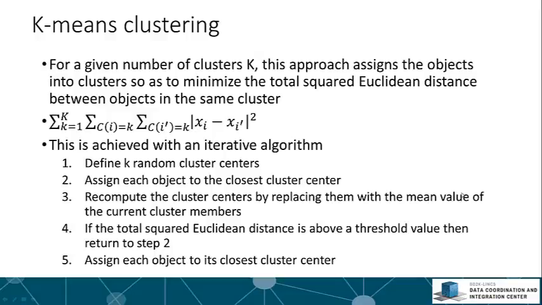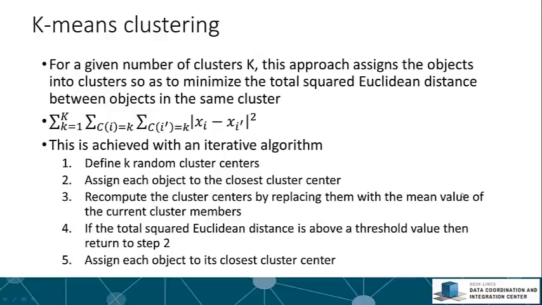And if this falls below a particular threshold, then we stop. Or if it is larger than a particular threshold, we repeat the whole process. But if it's lower than the threshold, then we stop, and each object is assigned to its closest cluster center. And this defines our map from object to cluster.